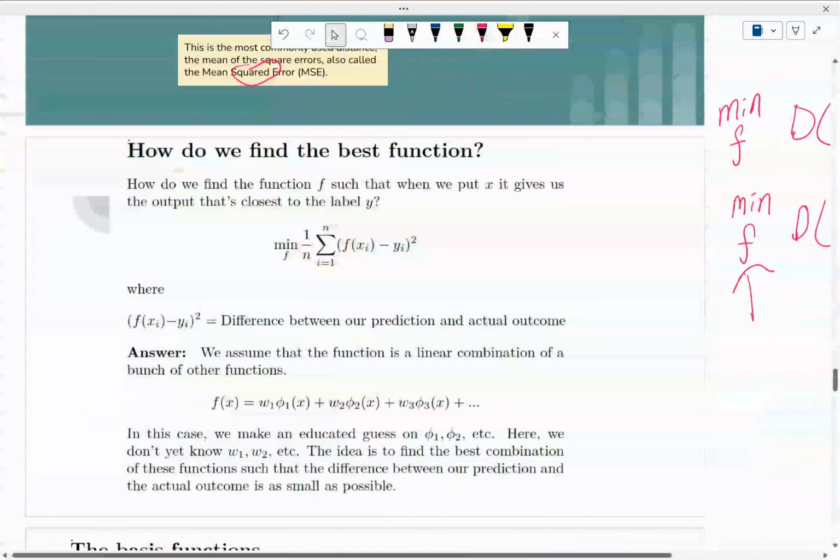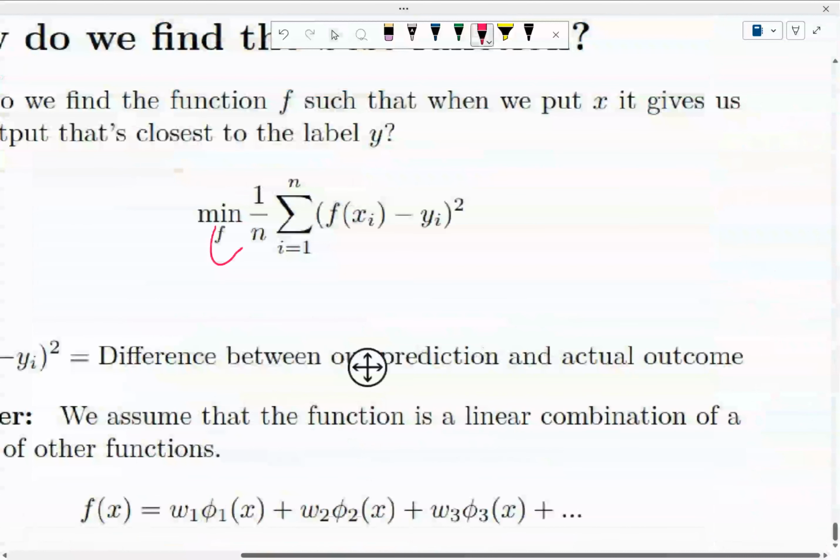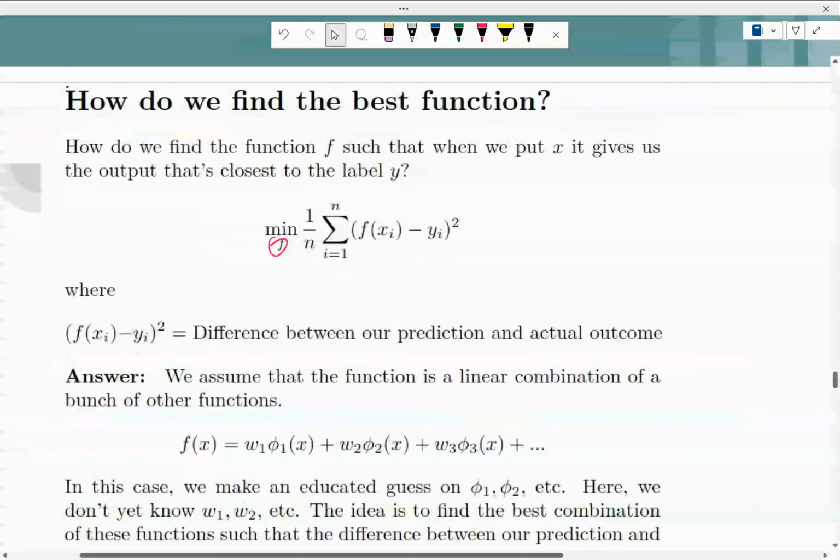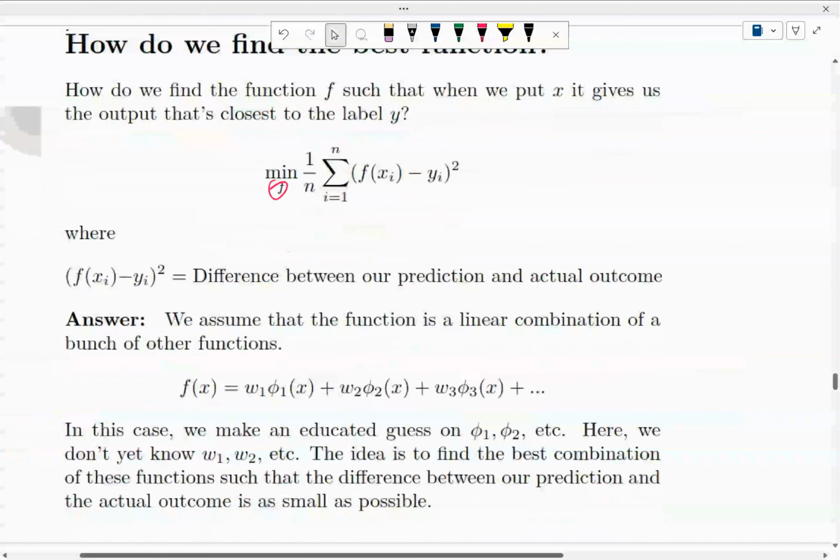Okay, so how do we find the best function? Well, finding this function is really, really hard if you don't have any guidance. So what we normally do is that instead of knowing what this function is, we make the assumption that this function is some kind of linear combination of other functions.